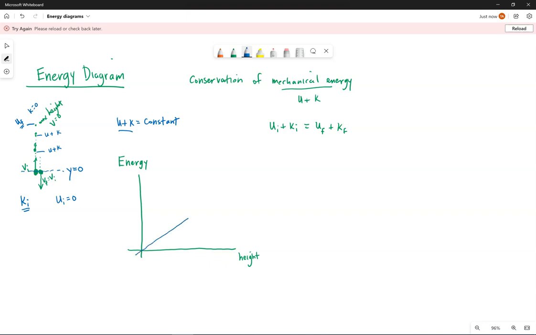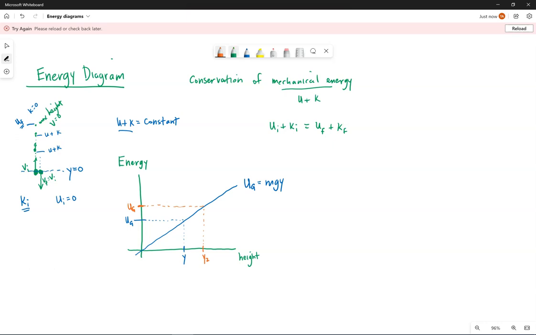We can represent the potential energy, mgy, by a line, right? At any given moment, the potential energy this ball would have depends on its height at that moment. Any given amount of potential energy means a specific height value.